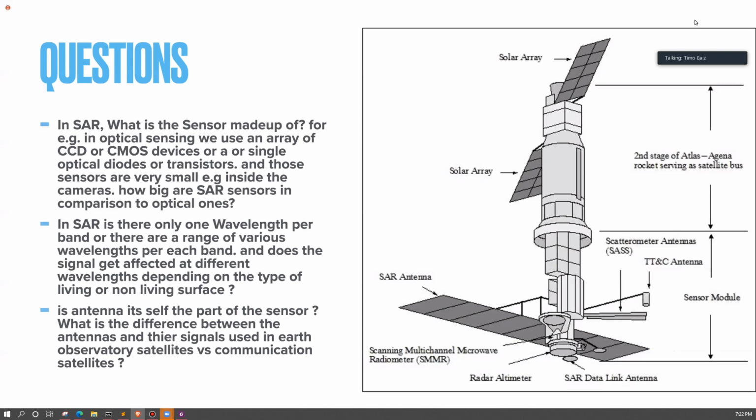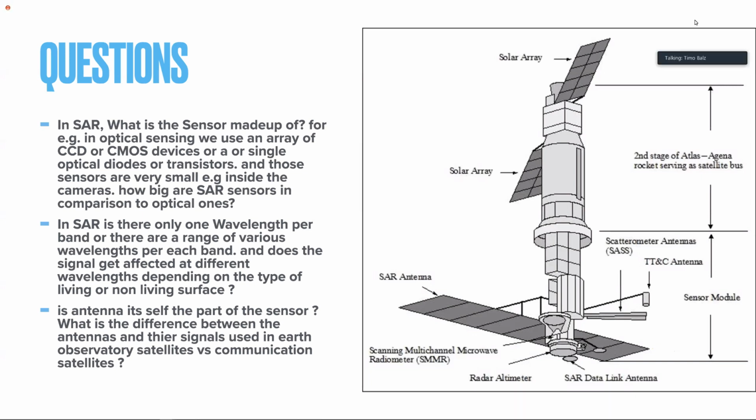Does the signal get affected at different wavelengths, depending on the type of living or non-living surface? Now, again, I'm not sure what's a living surface or non-living surface, but different wavelengths act differently with respect to different surfaces. So, for example, if a surface is seen as rough or smooth, is always seen in relation to the wavelength.